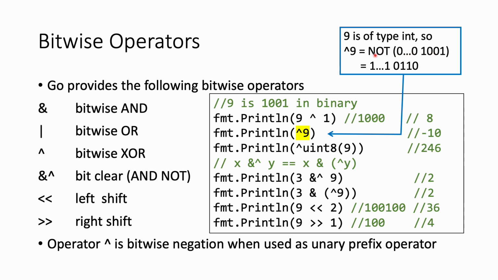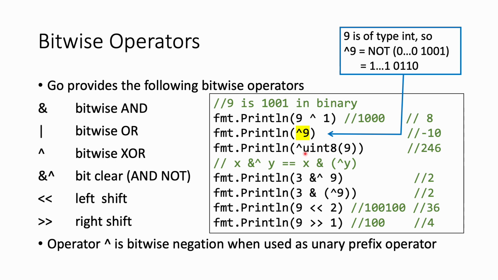So the bitwise negation of 9 is a series of 1 bits before the 0110. In the int type, a binary number with the leftmost bit 1 like this represents a negative number.